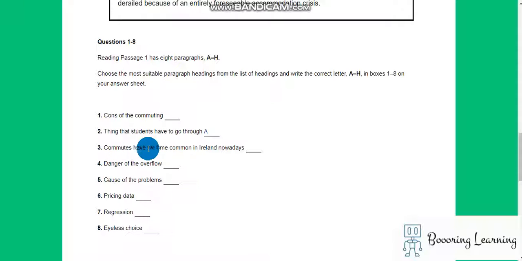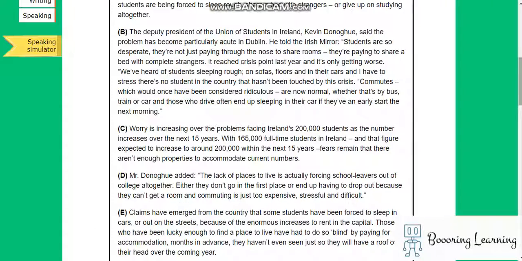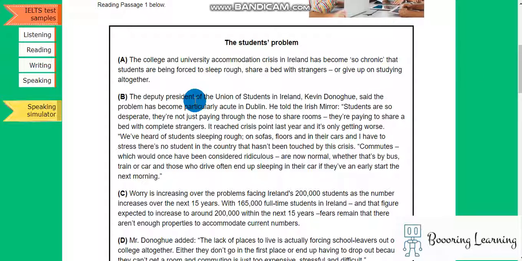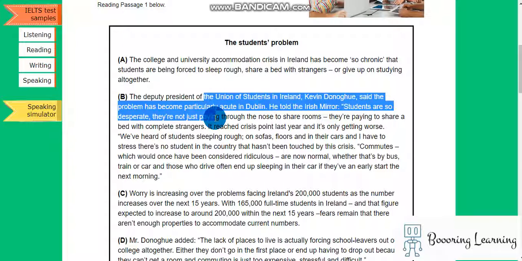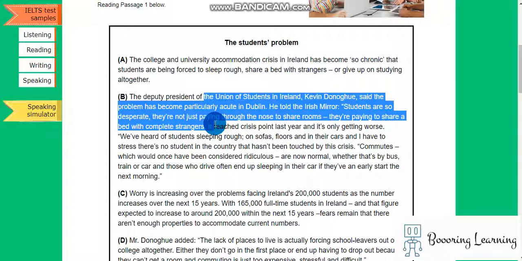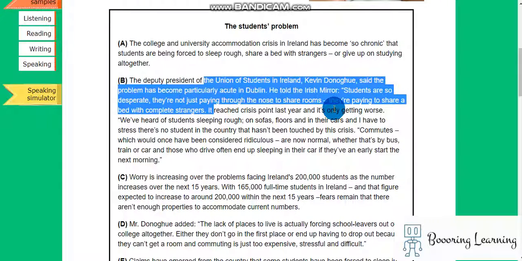Commutes have become common in Ireland nowadays. Danger of the overflow. Cause of the problems. Pricing data. Regression. IELTS choice. The Deputy President of the Union of Students in Ireland, Kevin, said the problem has become particularly acute in Dublin. He told the Irish Mirror students are so desperate they are not just paying through the nose to share rooms, they are paying to share a bed with complete strangers.